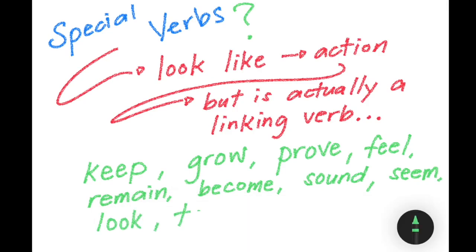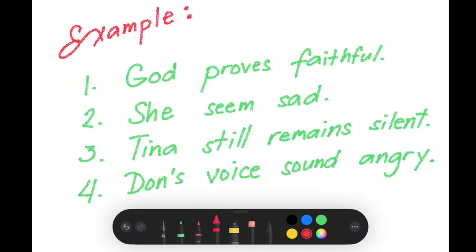Okay, we even have taste. Okay, here are a few sentences where we can see and actually check if these verbs function as a state of being. Okay, how do we know if it functions as a state of being?